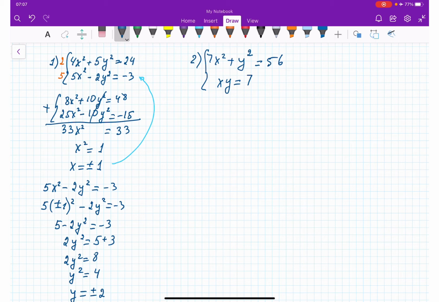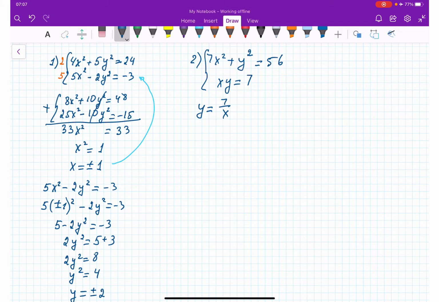So where do I want to plug in? Since x squared has coefficient 7, but y squared has coefficient 1, my guess is to substitute y. So y is equal to 7 divided by x.